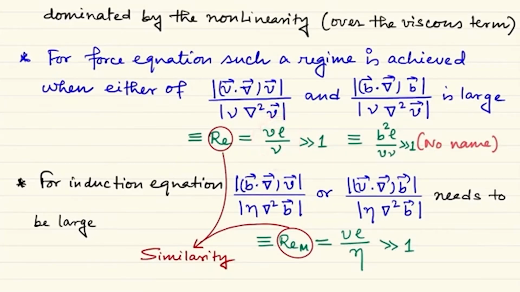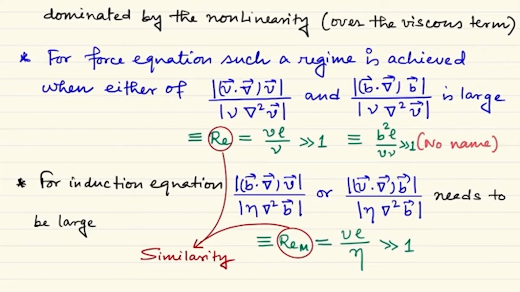Now if the geometry of the flow field is the same, but the length scale is twice as large, and the velocity and eta are changed accordingly so that this ratio has the same value as before, then one can say that these two flows are similar in nature.